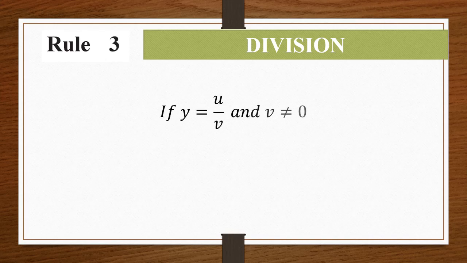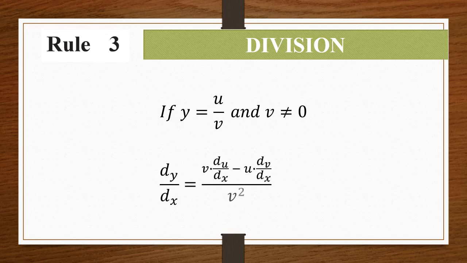If y is in the format of u upon v and v is not 0, because if v is 0 we don't get an answer. So if v is not 0, then we will follow dy upon dx is equal to v multiplied by du upon dx minus u multiplied by dv upon dx, divided by v square.